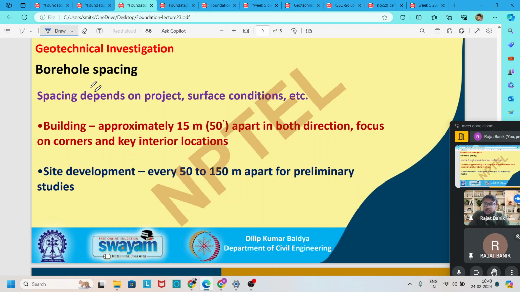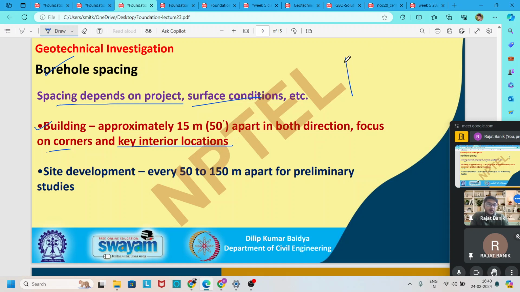Now, borehole spacing mostly depends on the project and subsurface condition. For buildings, the spacing between two boreholes is approximately 15 meters, or sometimes 50 meters apart in both directions. Focus on corners and key interior locations.